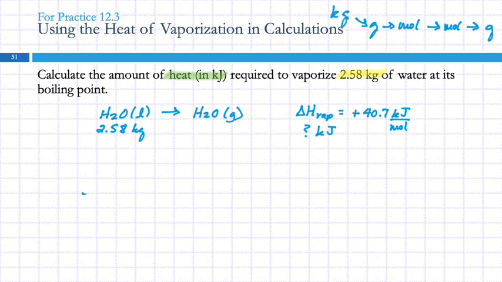Sure we can. We're not trying to find grams at the end, we're trying to find kilojoules. When we have this delta H, this value applies to each reactant and product. We don't have to go from moles of one thing to moles of another thing. We can just go from grams to moles and then straight to kilojoules.